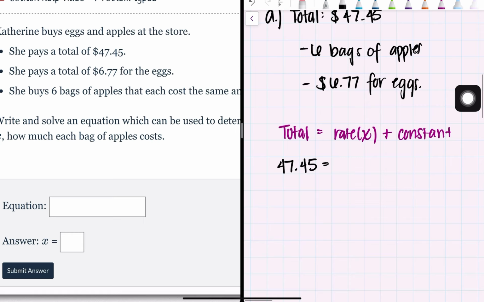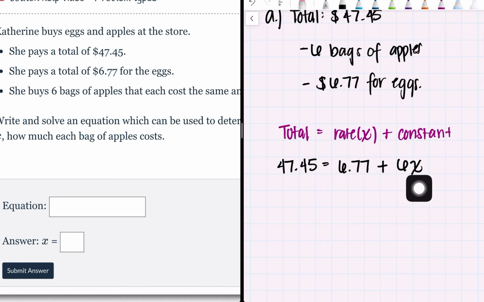So I could do 6.77 plus my rate, which is 6 bags at a certain price, and we'll say that's x. Because x is unknown and we want to find the price of the bags, we're going to pair that with 6, making it the rate. Once again, the constant is a fixed value. You can't change it. It's already given to you.